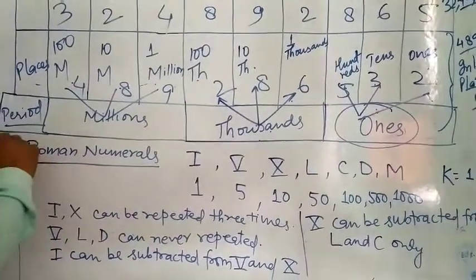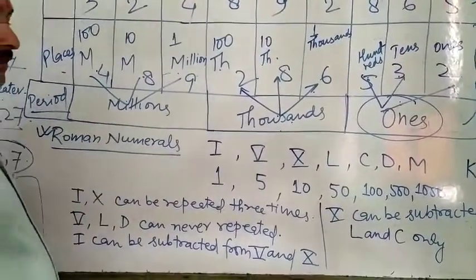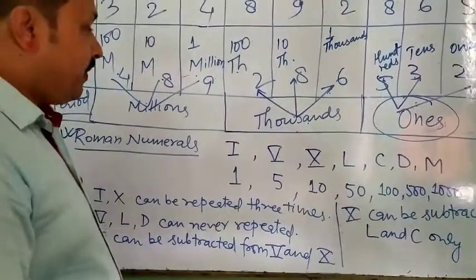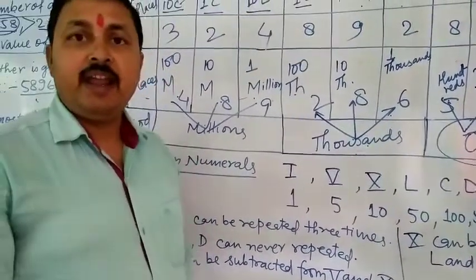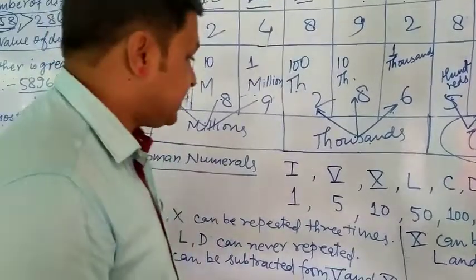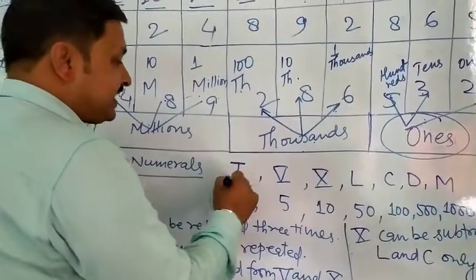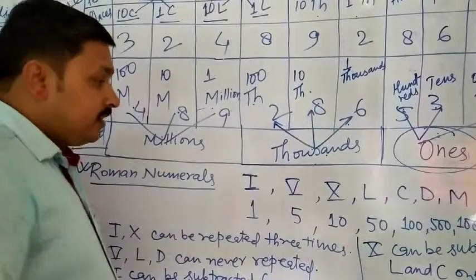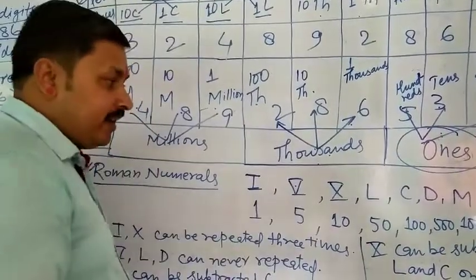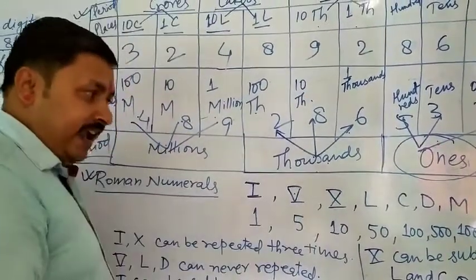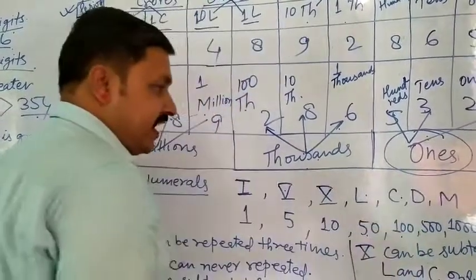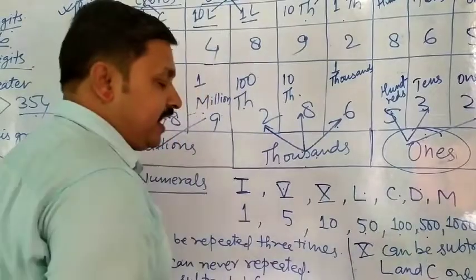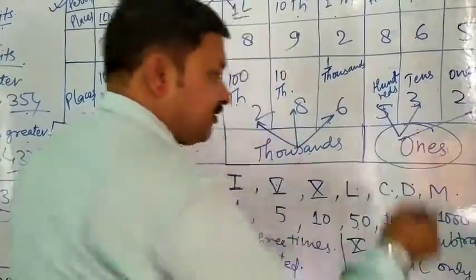The other topic is Roman numerals. That means numbers should be written in Roman numerals. Here I represents 1, V represents 5, X represents 10, L represents 50, C represents 100, D represents 500 and M represents 1000.